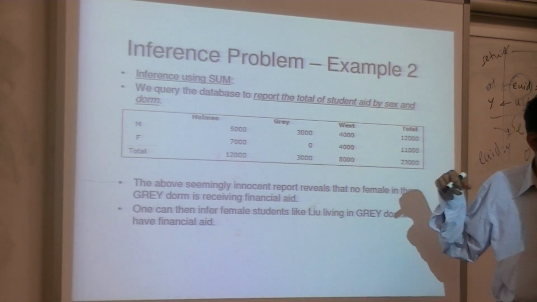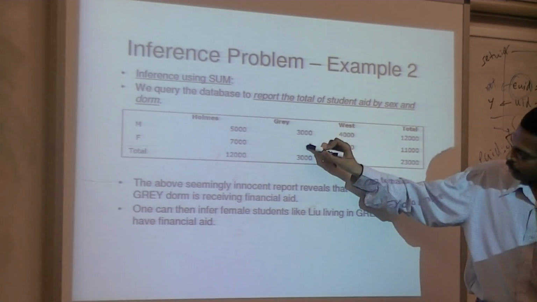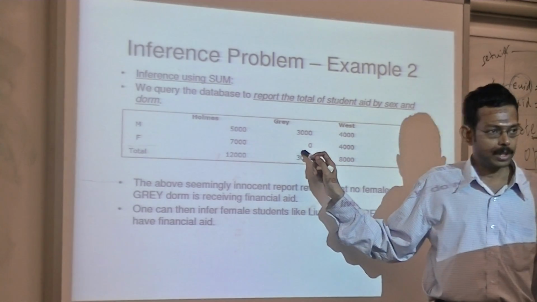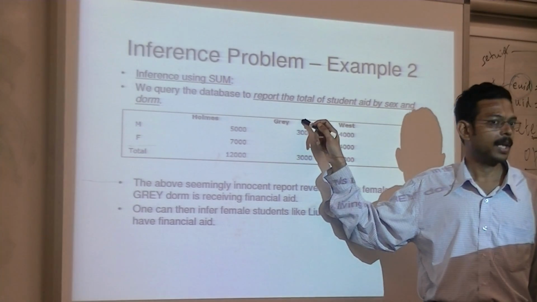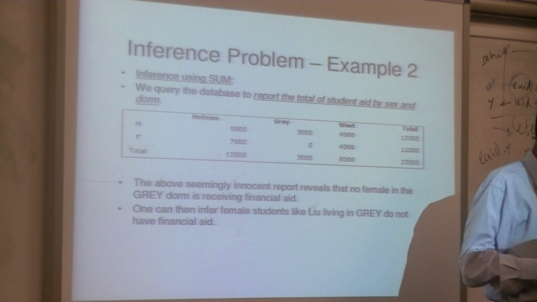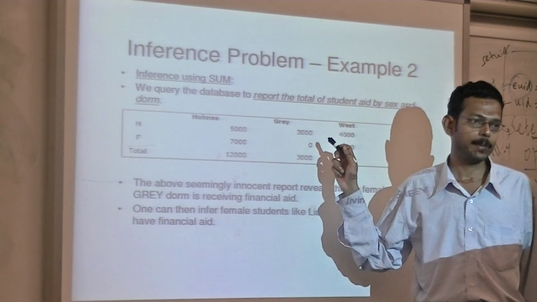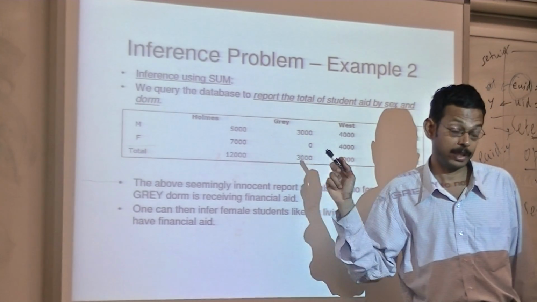So it looks okay. But now you see here, there's a 0 over here. What does it mean? No female student in dorm Gray is receiving financial aid. Right? If it is a 0, it means no female student in dorm Gray is receiving any financial aid.